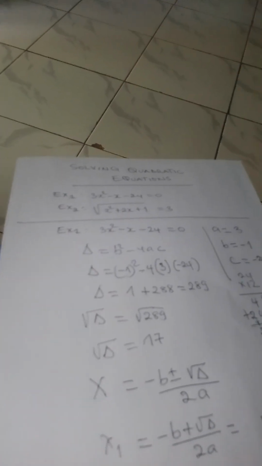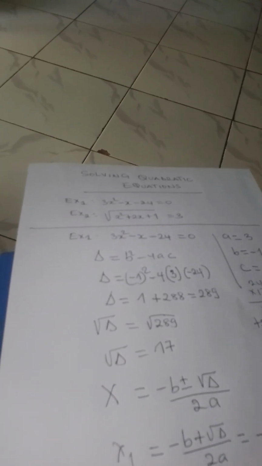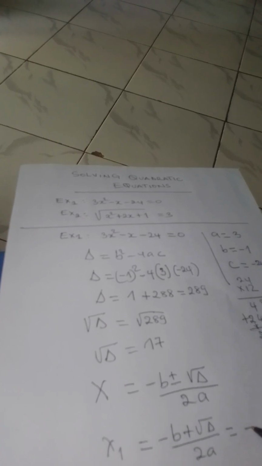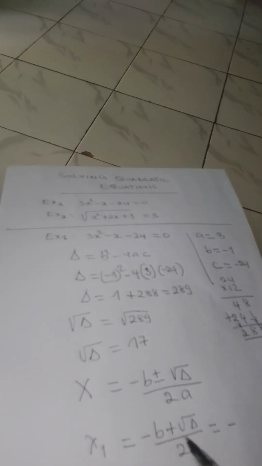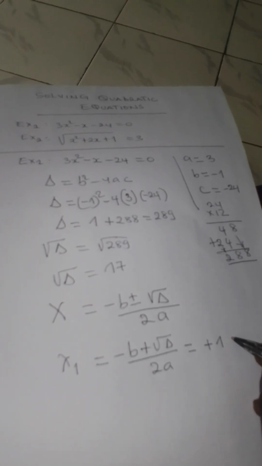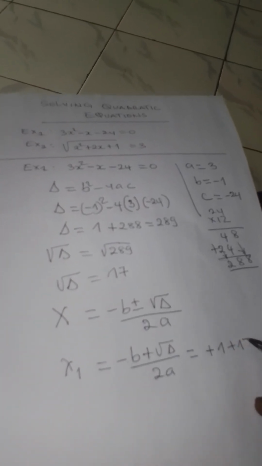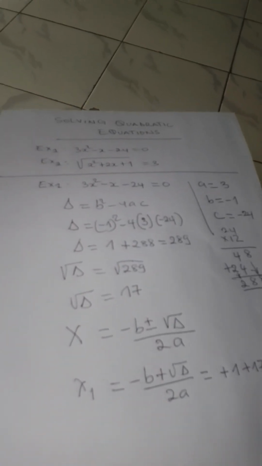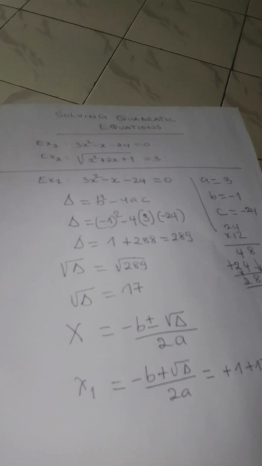Now, here b is negative 1 because from the formula we have negative b. Now we multiply by this negative 1 and we get positive 1. It is positive 1 plus 17, because 17 is equal to root delta.